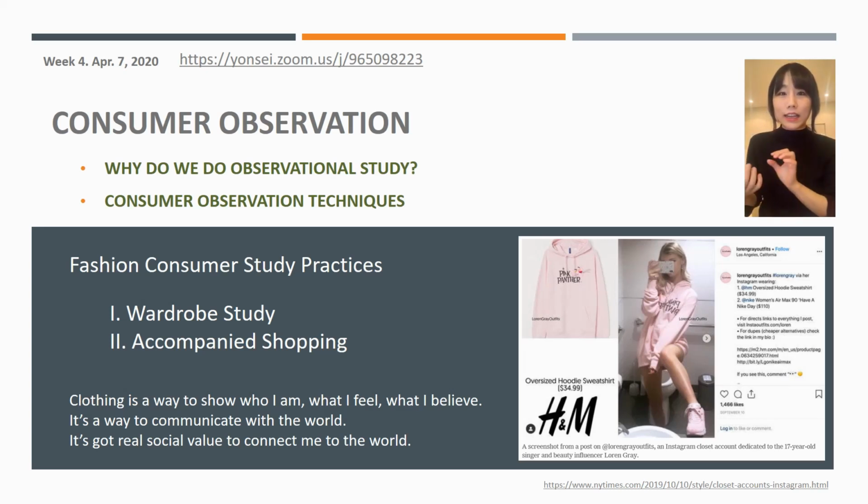Wearing clothes is also a way to communicate yourself to the world, and it literally has social value as well. So we have talked pretty much about yourself and your personality.